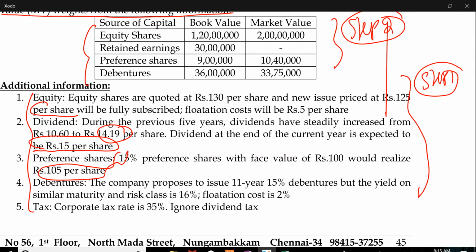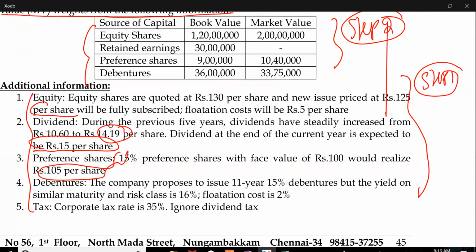KP equal to 15 divided by 105, which is 14.28. Any doubts on this?